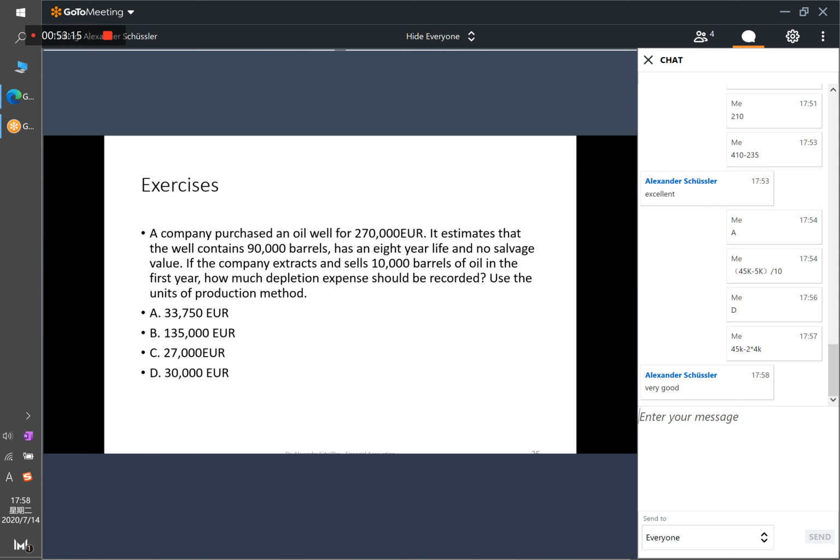A company purchased an oil well for 270,000. It estimates that the well contains 90,000 barrels. If the company extracts and sells 10,000 barrels of oil in the first year, how much depletion expense should be recorded?